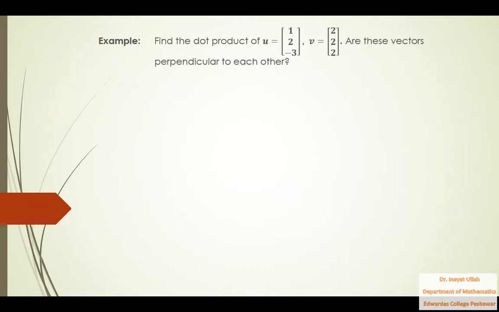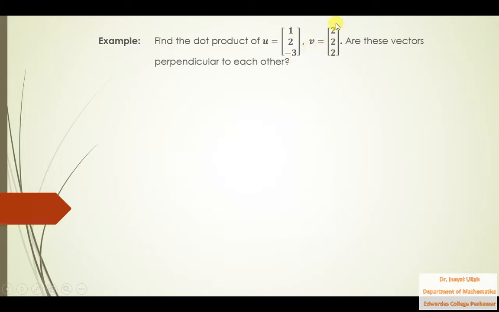And you see in this slide there is an example that if you are given two vectors u and v, we see that in this example u is given in column notation. You can write this vector as 1, 2, -3, or you can write this vector as 1 into i plus 2 into j minus 3 into k, and so on.